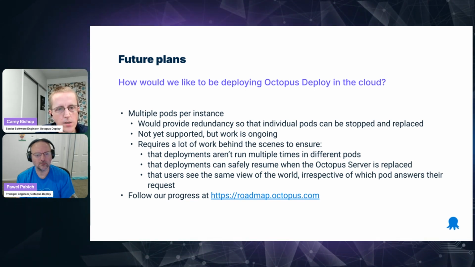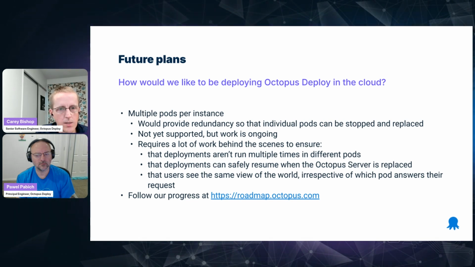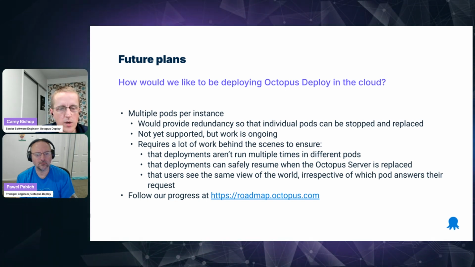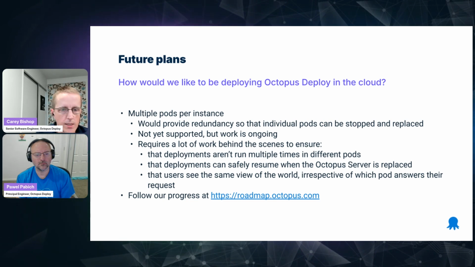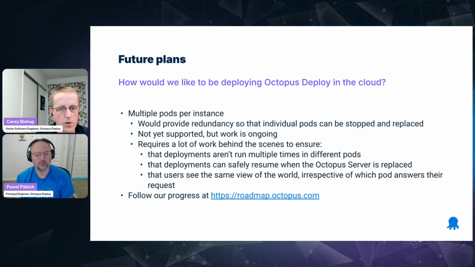So there's a lot of work to make sure that each of those pods has the same consistent view of the world, and that only one action is happening at a time for things like deployments where we can't safely run a deployment multiple times. And if you're interested in any of these things, you can follow the progress on our roadmap at roadmap.octopus.com.